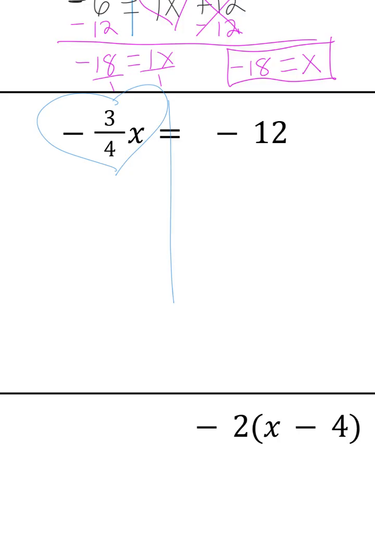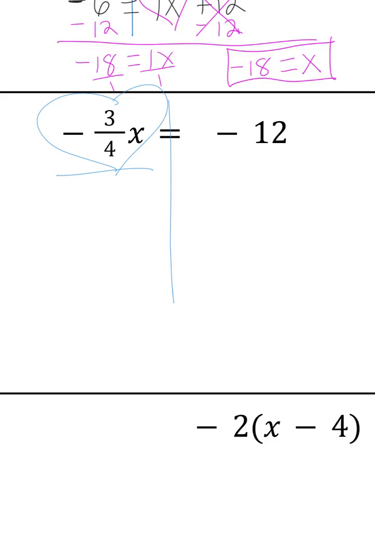So here I have a -3/4 x. I can't just draw a line under it and put -3/4. Fractions don't work that way. Does anybody remember how we divide a fraction? Yes, we are going to multiply by the reciprocal, okay?